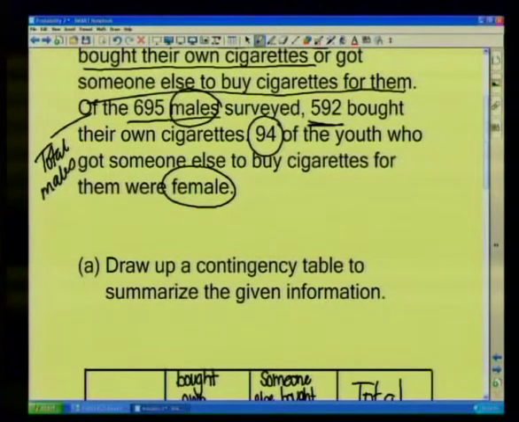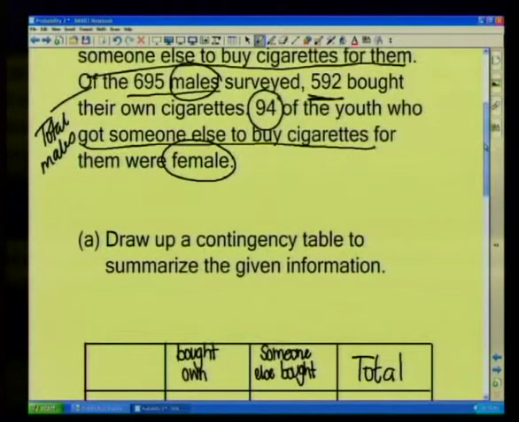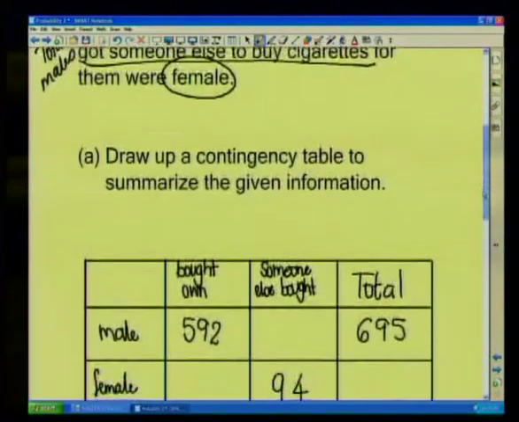Okay, so in the column or the row, someone else bought them. So we're going to be looking in this area. 94 of those people were female. Okay, again, just do a quick check.